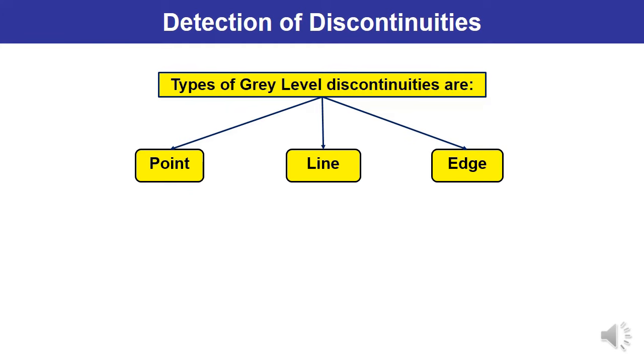The third type of gray level discontinuity is the edge. You can visualize it like this: if you have to draw the image of a car, what are you going to draw? You are going to draw the outline. So edge detection is related to the outline of the object. Point is an isolated point. A line may be of any nature, vertical, horizontal, etc. And the edge is the outline of that particular object.